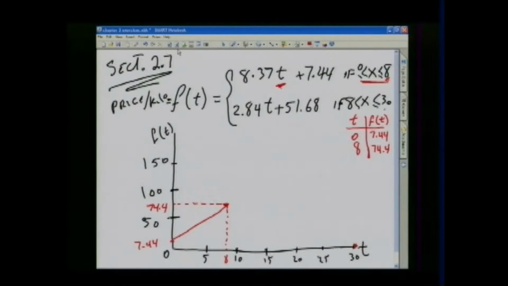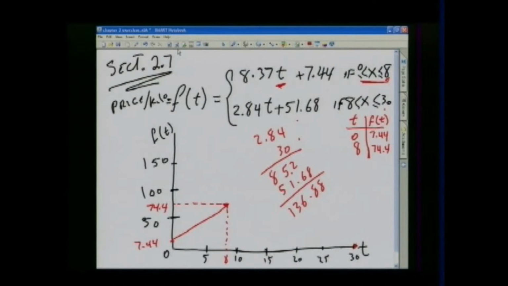When you go to 30, you're using the second function, so it would be 2.84 times 30, that is 85.2, plus 51.68, which is 136.88. Hopefully I did this correctly.